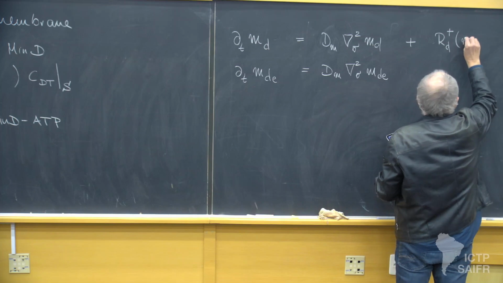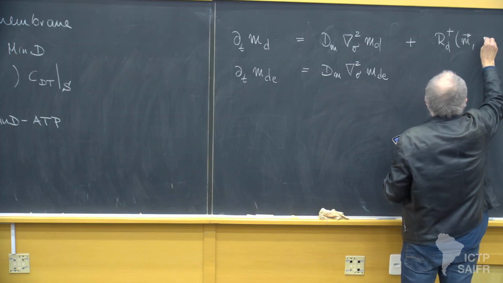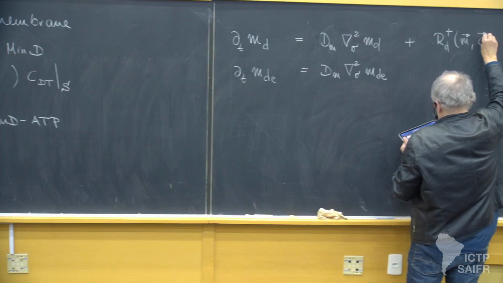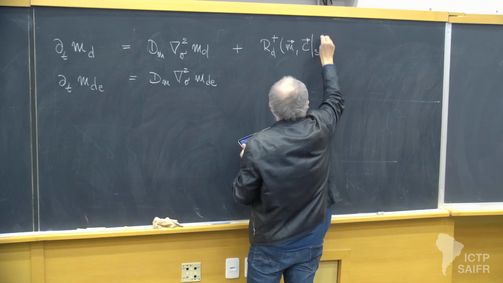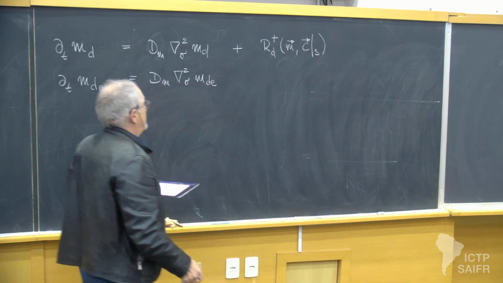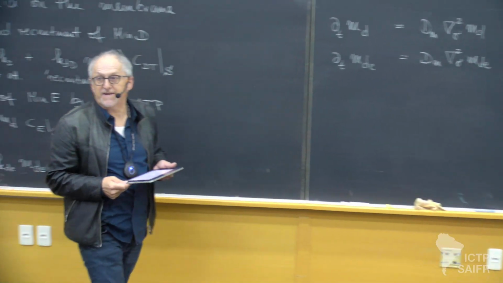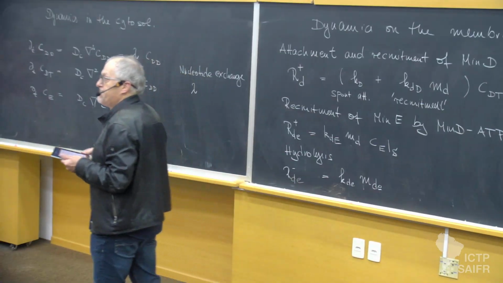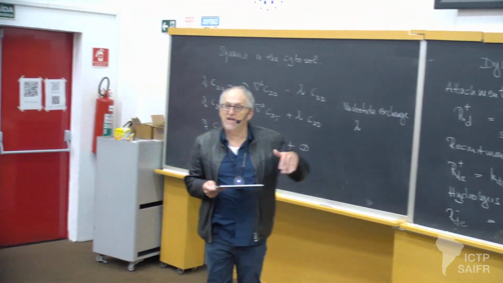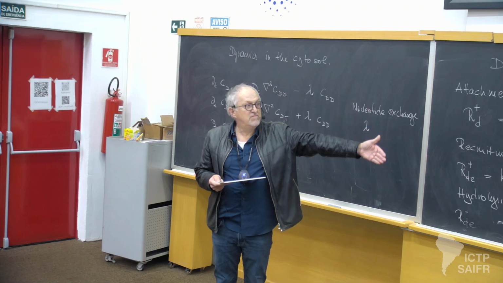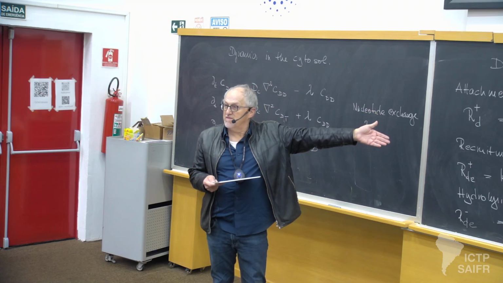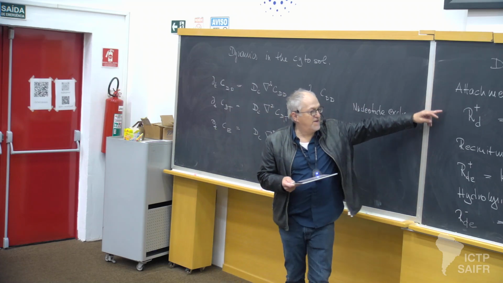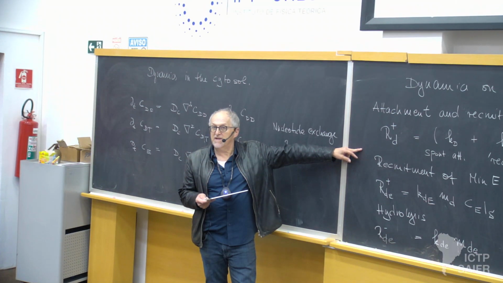And this depends on all the concentrations in the membrane and all the concentrations in the cytosol at the surface, the expression I wrote on the left-hand side. What else appears here? This is a gain process. You gain by recruitment and attachment.